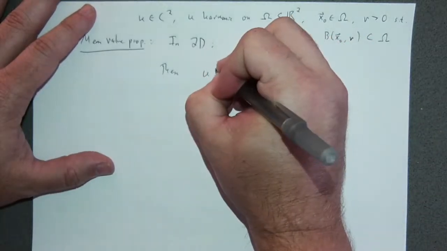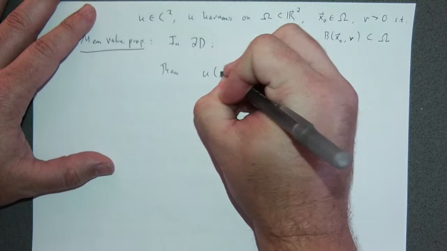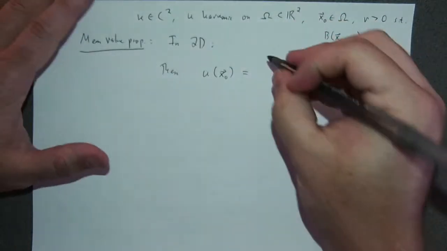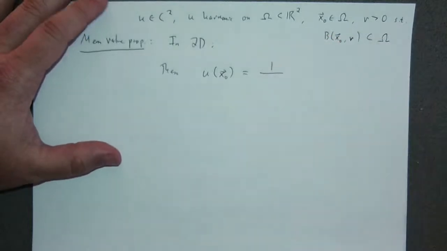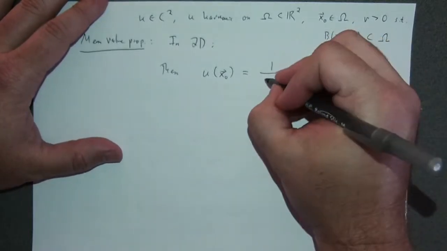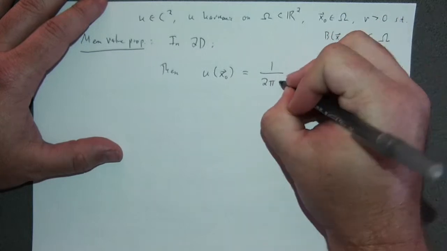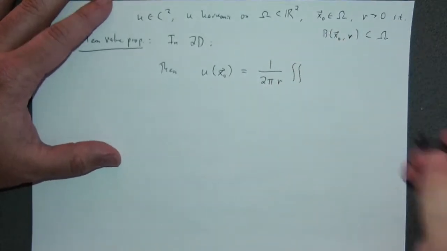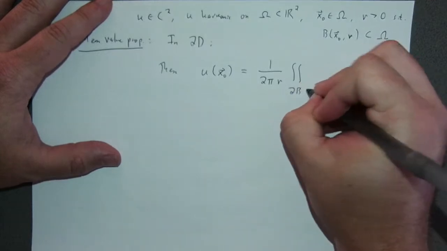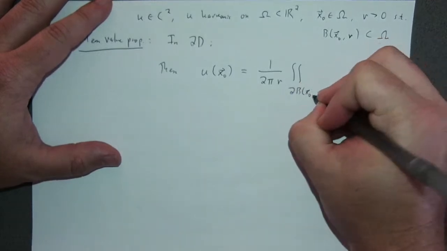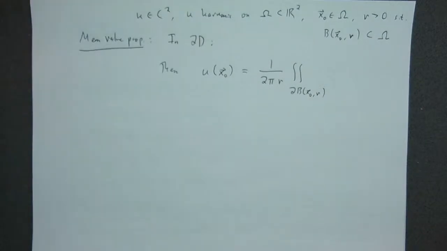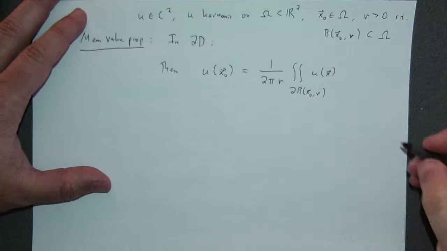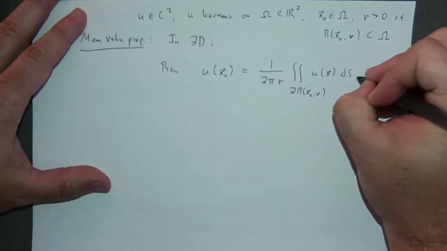U of x naught, a point in R2, is 1 over 2 pi R times the integral over the boundary of the ball centered at x naught of radius R of U of x ds sub x.